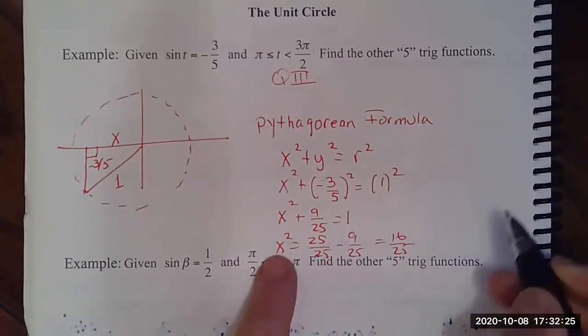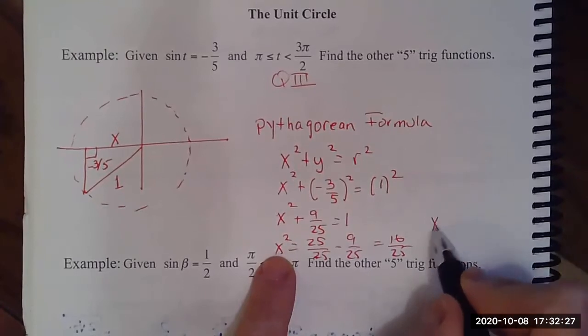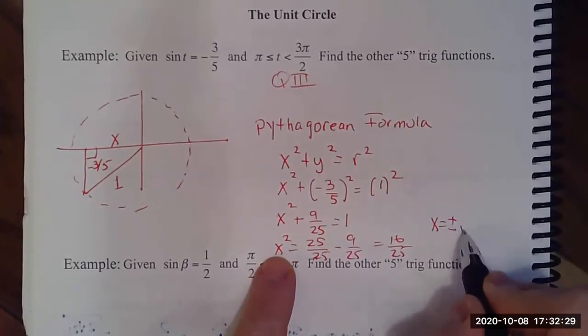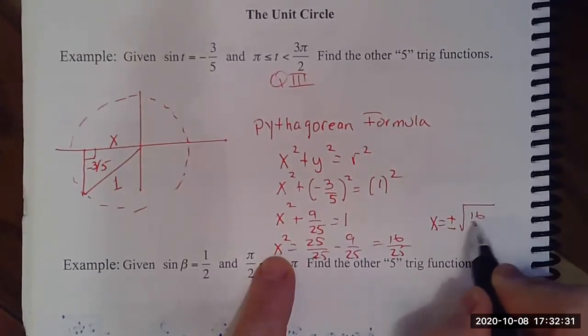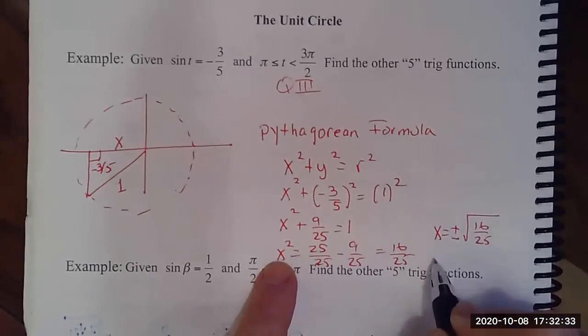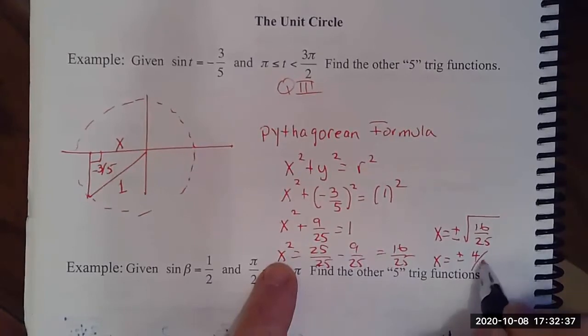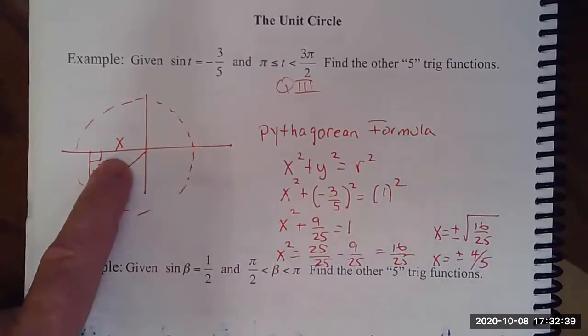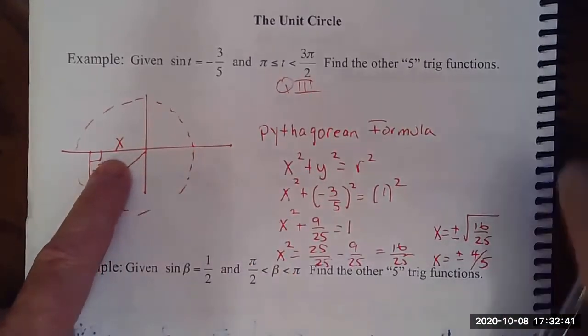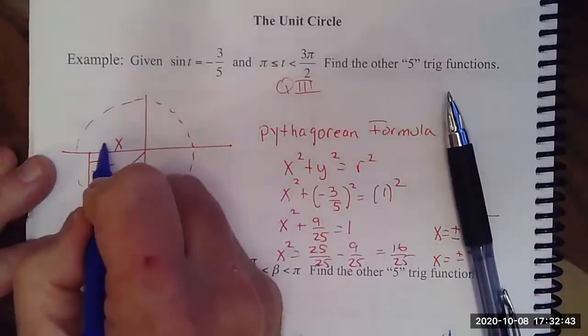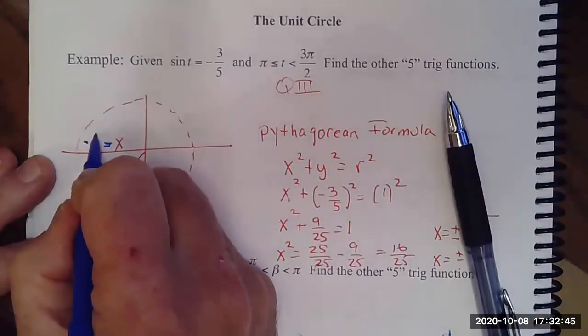If you take the square root of both sides, you're left with plus or minus the square root of 16 over 25, which means you have a choice, plus or minus 4/5. But because x is on the left-hand side of the origin, this has to be negative 4/5.